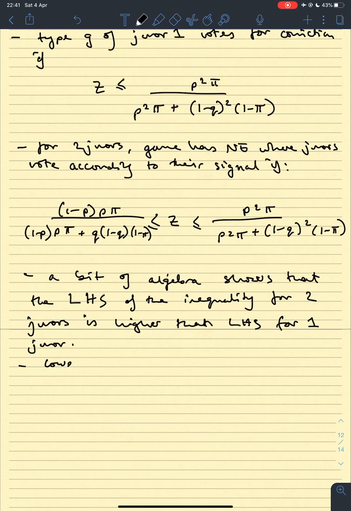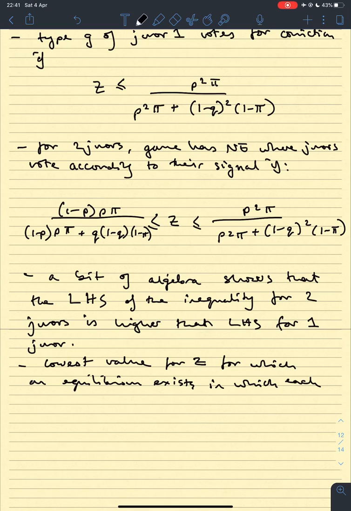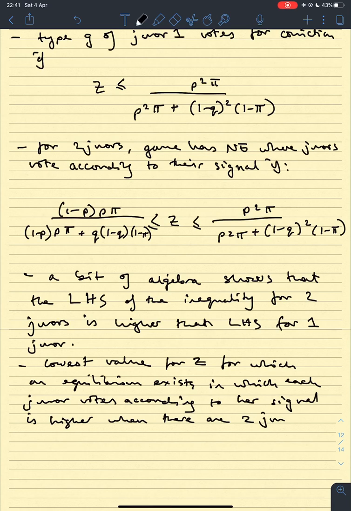Which is saying that the lowest value for Z for which an equilibrium exists in which each juror votes according to her signal is higher when there are two jurors.